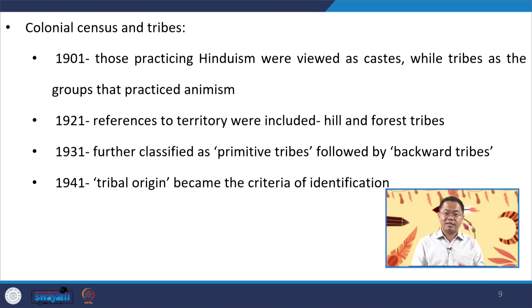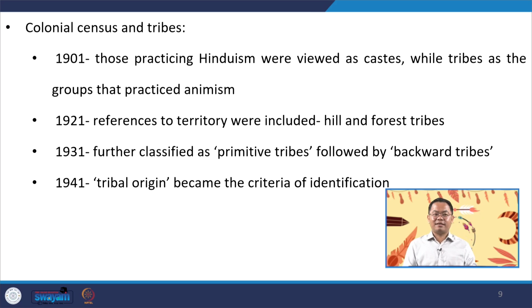But I think it is still important to understand that the practice of animism is also quite different and distinct across regions and communities. So, animism in a way is also a very convenient category that was introduced by the British to club together communities and groups who have a different set of beliefs, customs and traditions.